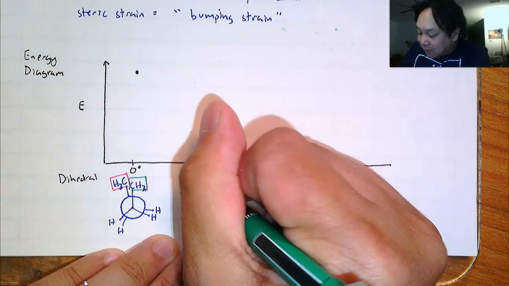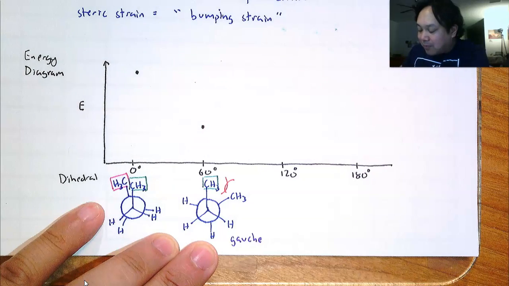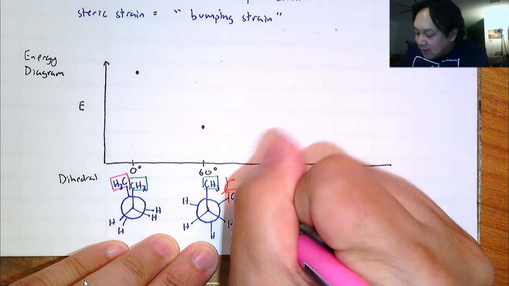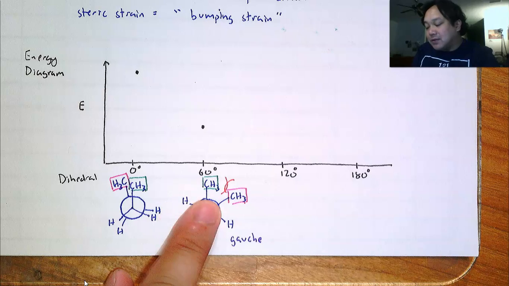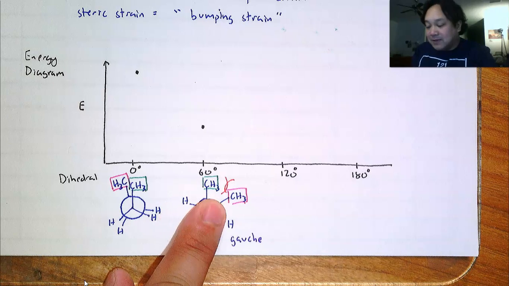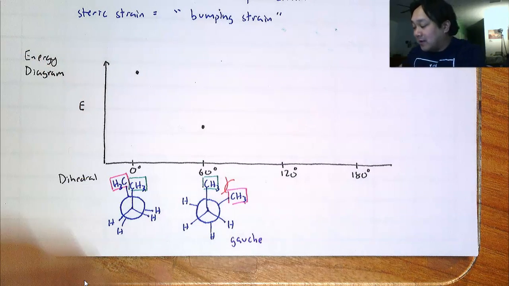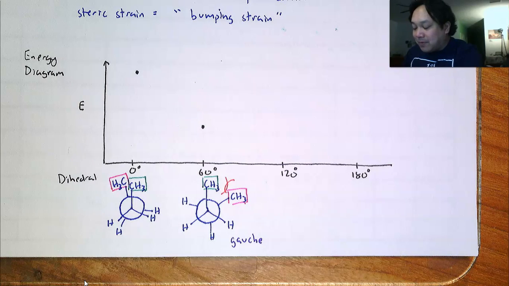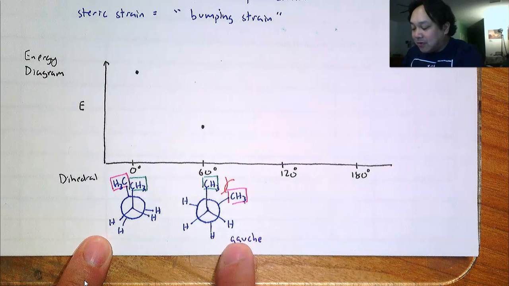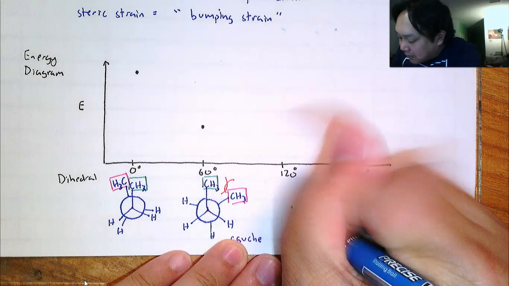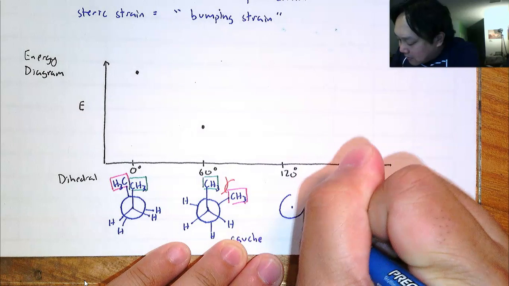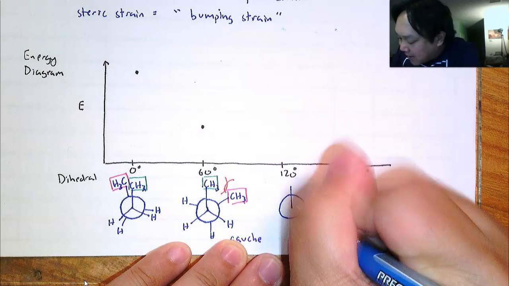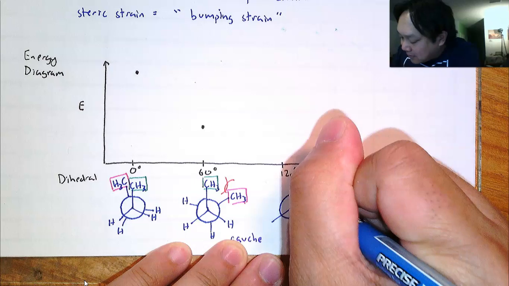And now here's the green, and we move the pink 60 degrees. So the relationship between these two methyl groups is now 60 degrees. Let's make it 120. We went from eclipse to staggered gauche to another eclipse. Now, is this eclipse going to be as bad as our original? Let's see.